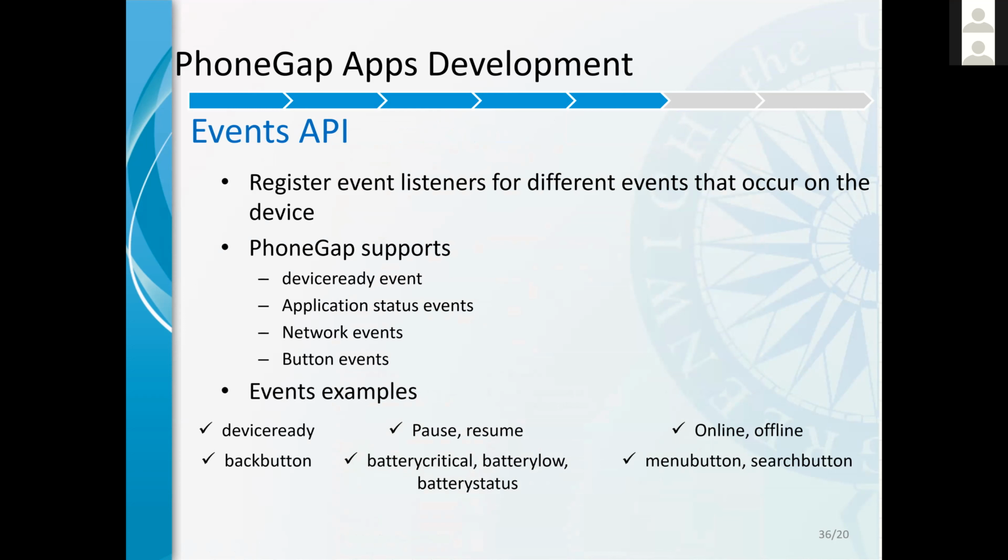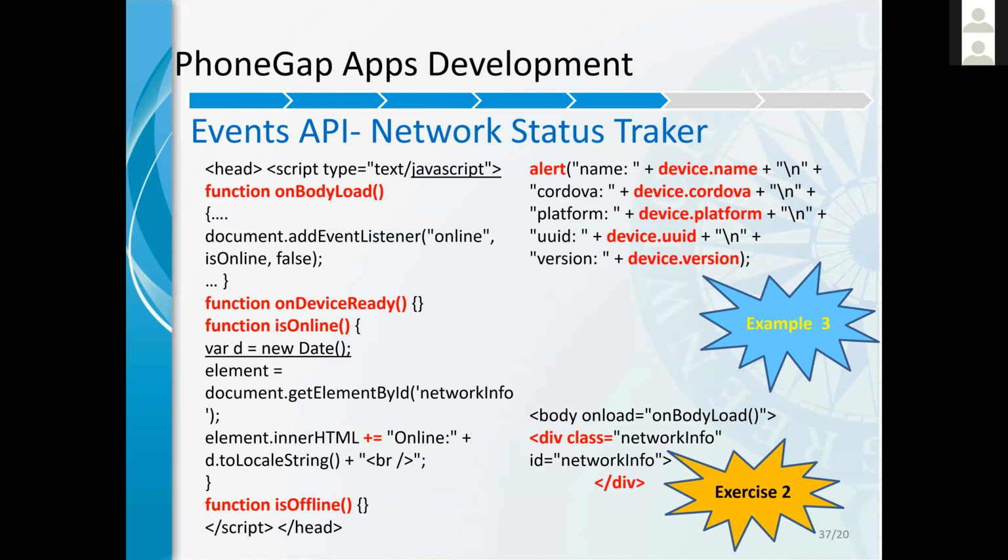Here is an event on the network status. It's supposed to check the network status of your app. In this example, you can see the way the methods have been invoked. So you have online, and the message that the device is online.